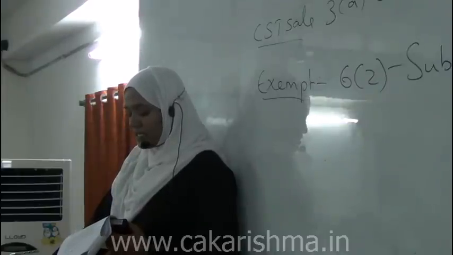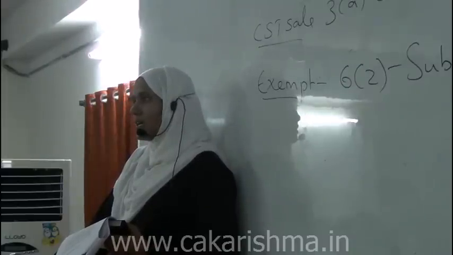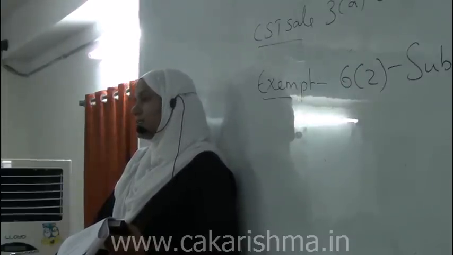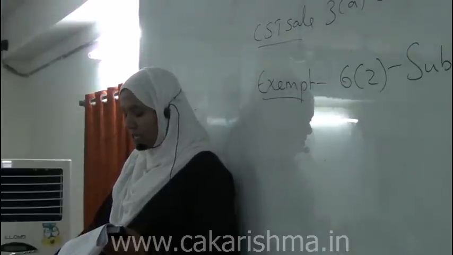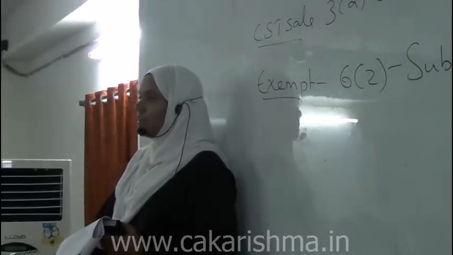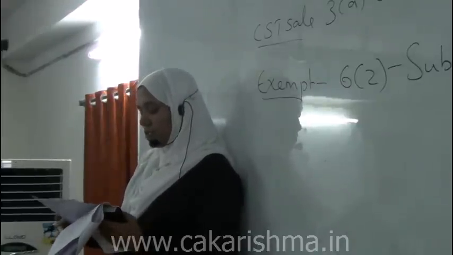This is important. Sale is by transfer of document of title. Next one: and the buyers are registered dealers. Buyers are registered dealers. Because if they are not registered, they don't give C form, we can't give exemption.